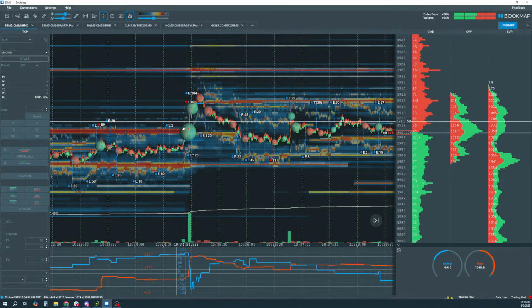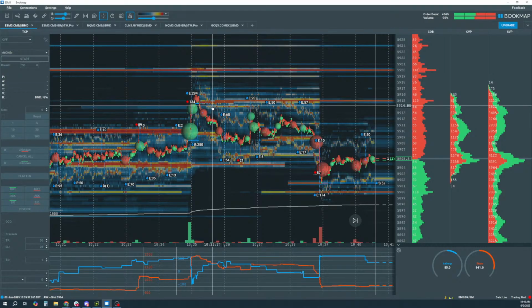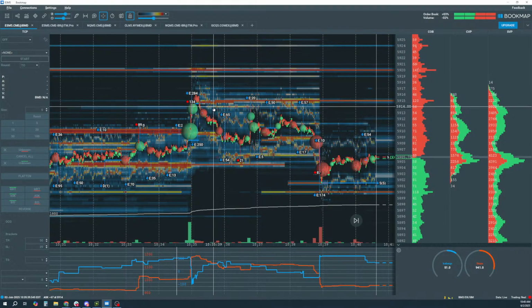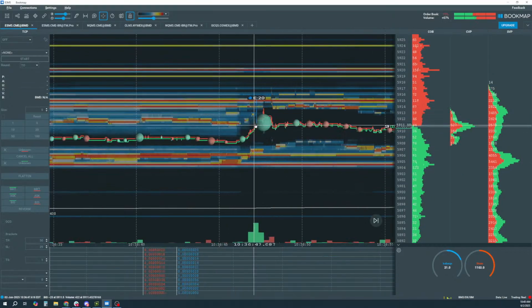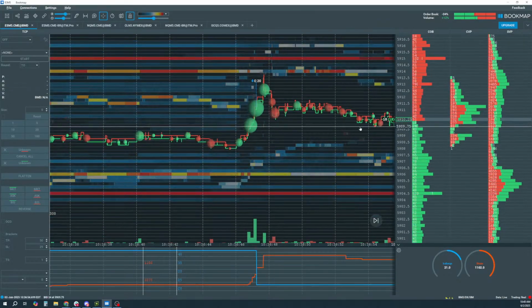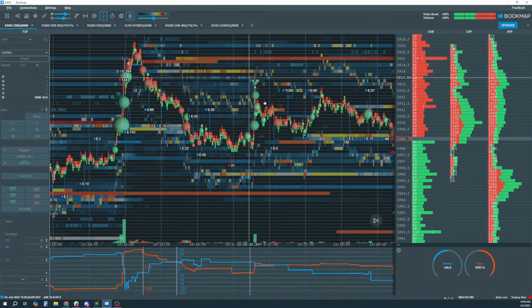Well, if this buying in here is people exiting because of stops, then we're not going to make it up to here. We have to find new buying to come back in. And I'm not really seeing it. I mean, we can see it in here. That's not bad at all. But they're not able to make it very high.